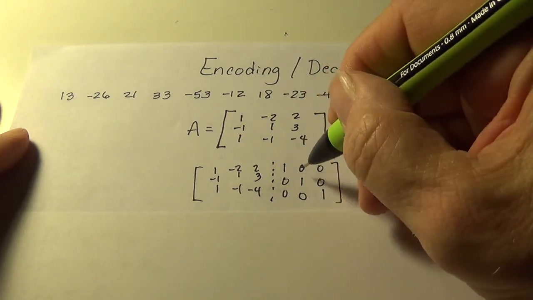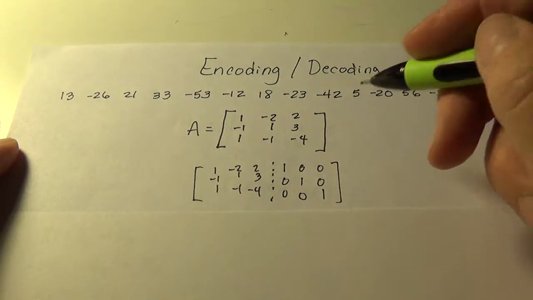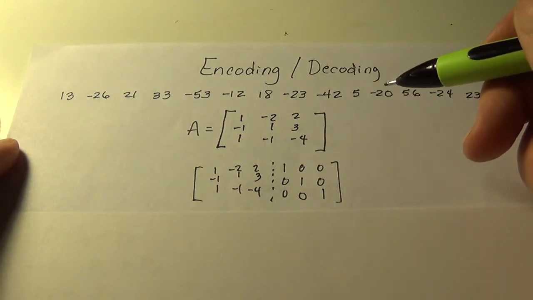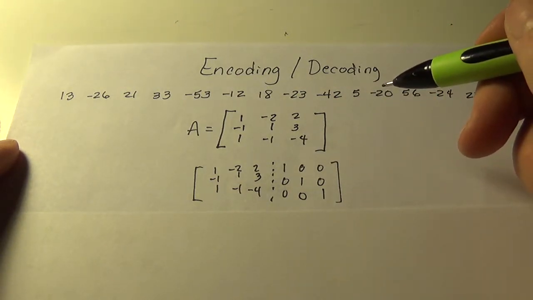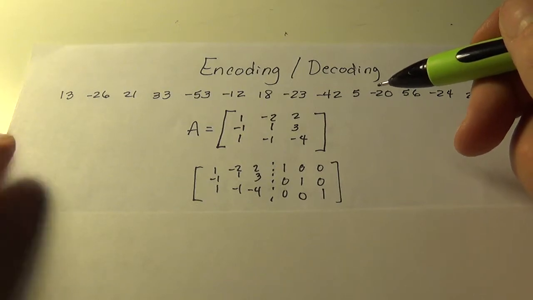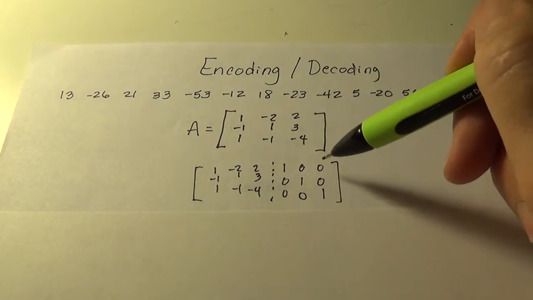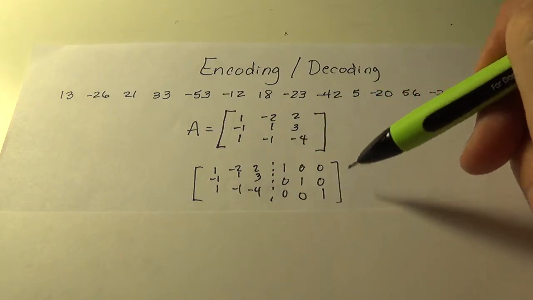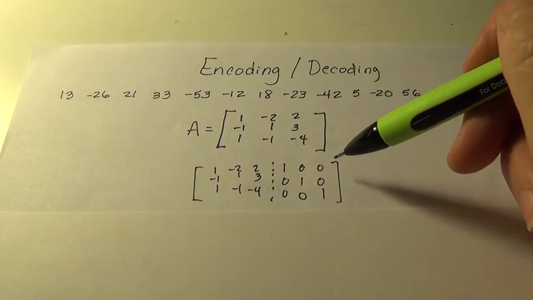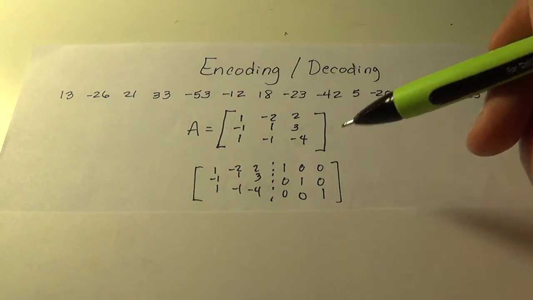The ones are along this diagonal and everything else is 0. So we use elementary row operations until this side looks like this. Then this side has changed to now be the inverse.